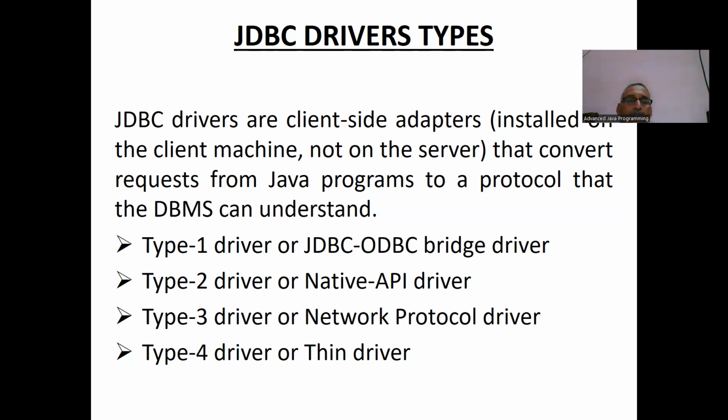The JDBC driver enables the communication between the application and the data source. When a user sends a query to the data source, the answers to those queries are sent back to the user in the form of results.